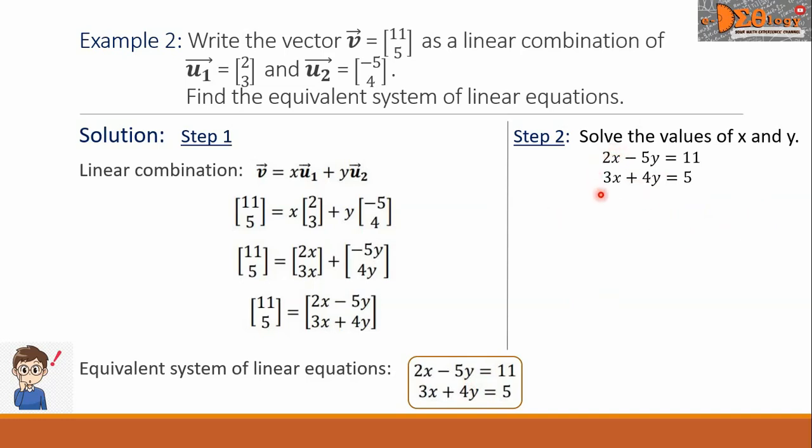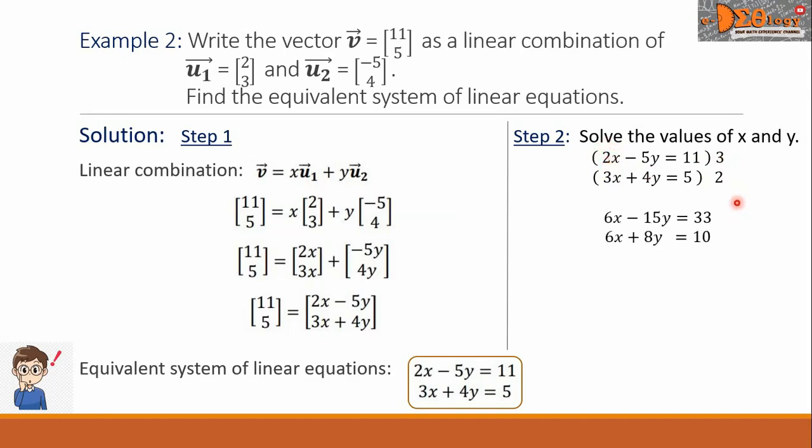We can start by eliminating the variable x. We can see here that the coefficients of x are different. So what we do is multiply the first equation by the coefficient of the second equation. So the first equation we multiply by 3 and the second equation we multiply by 2.